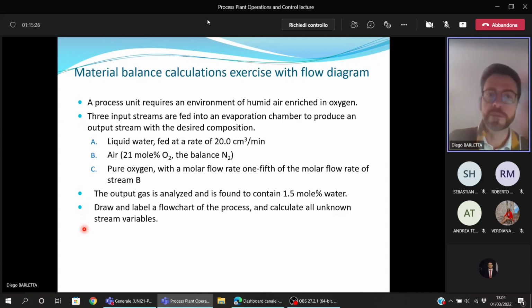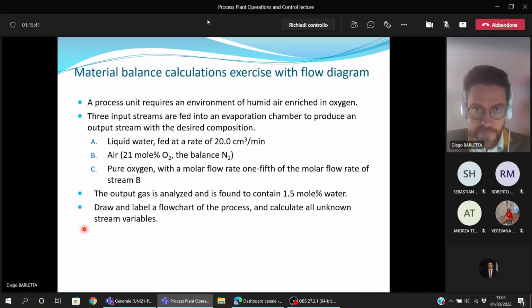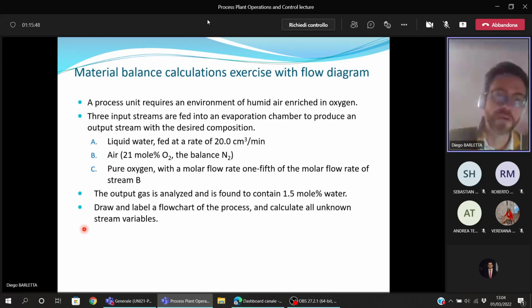We have 3 input streams that are fed into an evaporation chamber to produce an output stream with the desired composition. Stream A is liquid water fed at a rate of 20 cubic centimeters per minute. Stream B is air, and as you know, the composition of air is 21% in mole, or in volume, of oxygen.